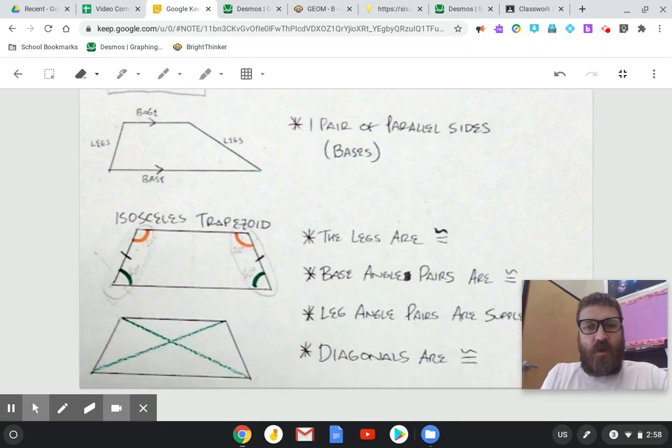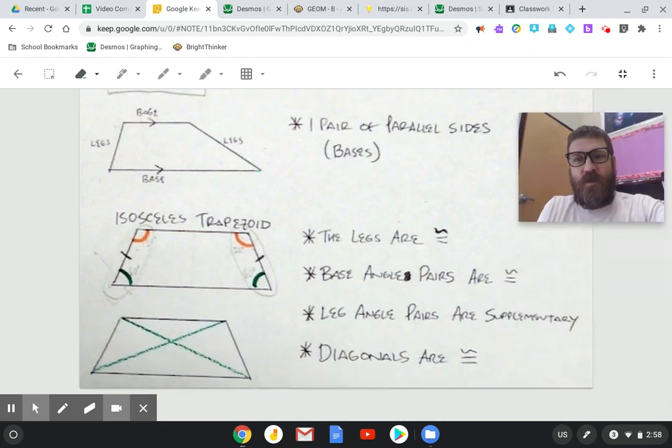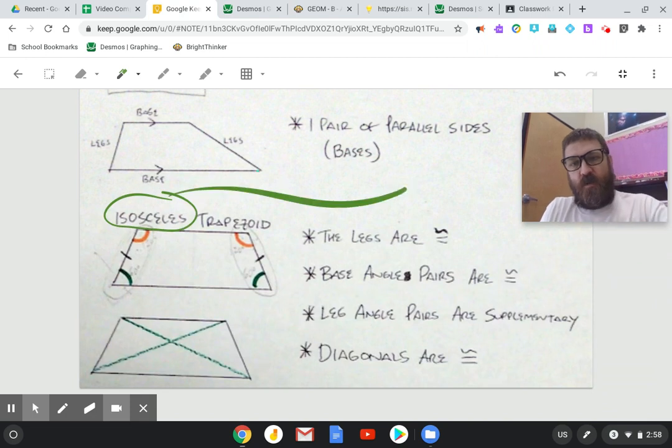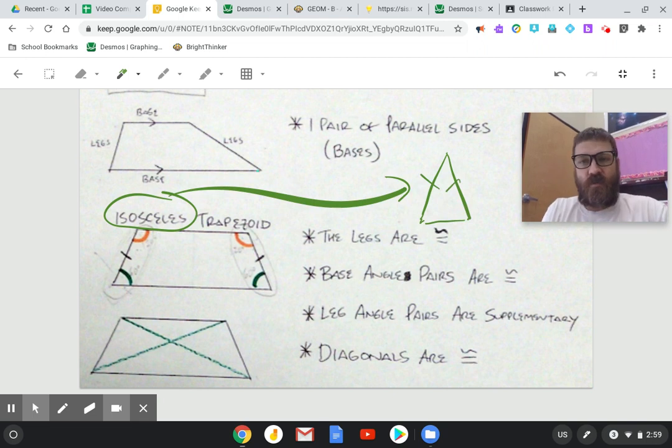The rest of this is all about a unique type of trapezoid called an isosceles trapezoid. That word isosceles, we've heard in geometry before. When we talked about isosceles triangles, we talked about triangles that had two sides that were the same, and some other side that was not the same length.